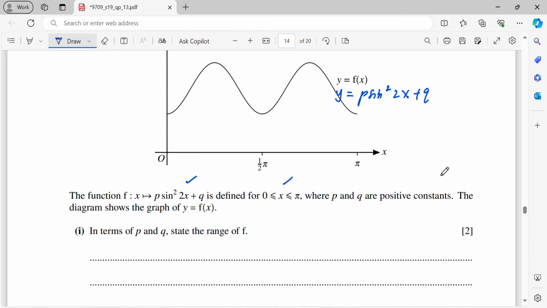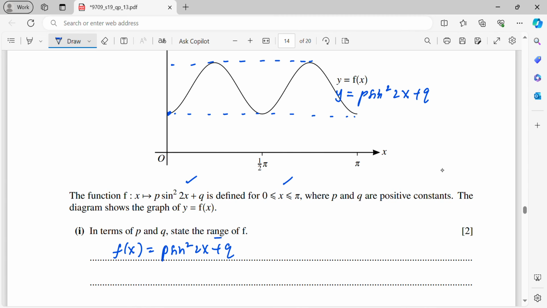Okay, so now here, I will copy the function. Range means maximum and minimum point. That means I need to find out what are my two values here. So I can just calculate f(0), that is my minimum point.